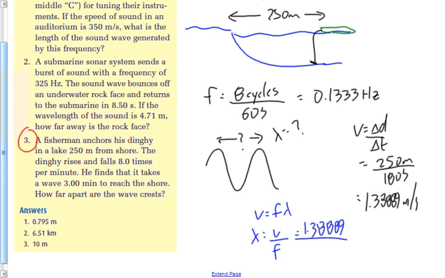Yeah, 0.133. Lightning fast calculation here, and it's going to be 10 point something. We'll round that to 10 meters. Lightning fast calculation in our head, or a lightning fast peek at the answer over here, and we get 10 meters. Is that okay? Yeah.